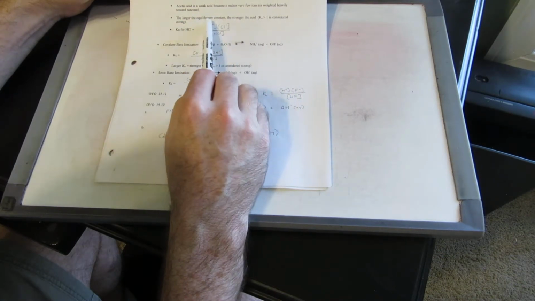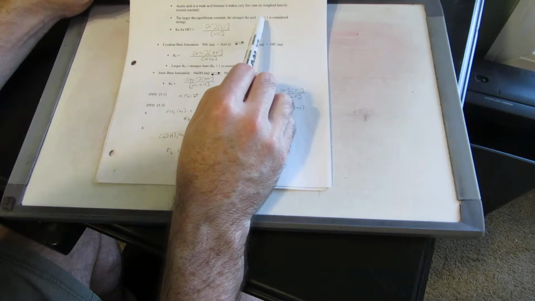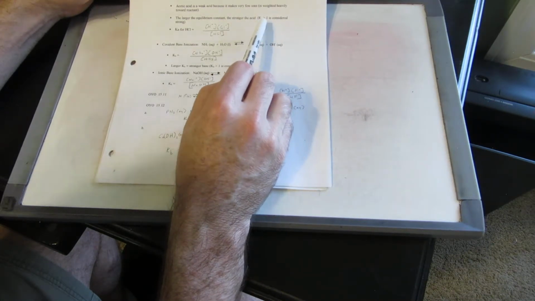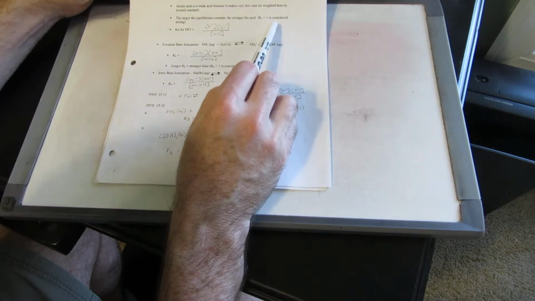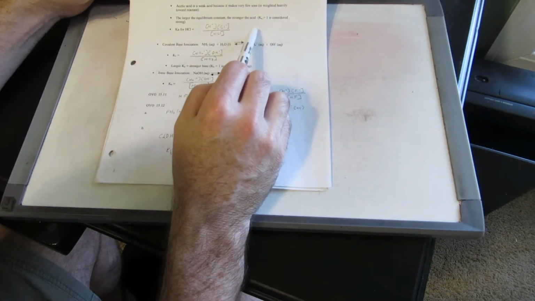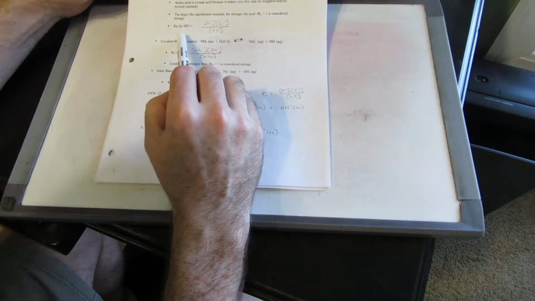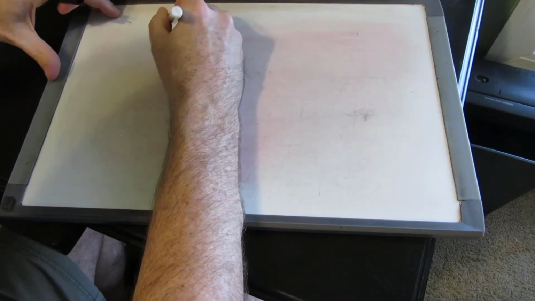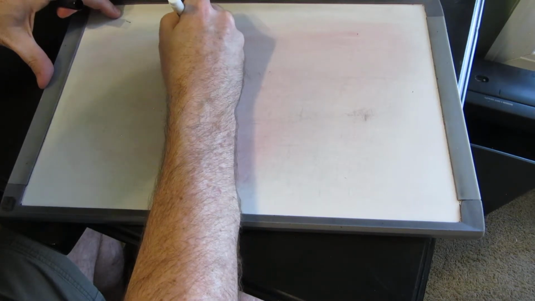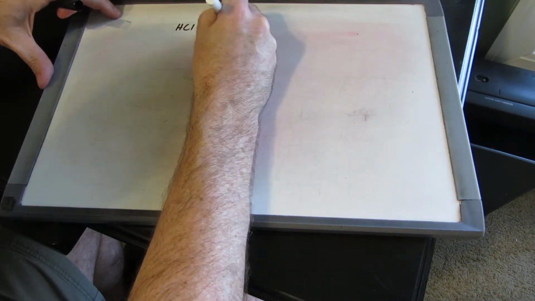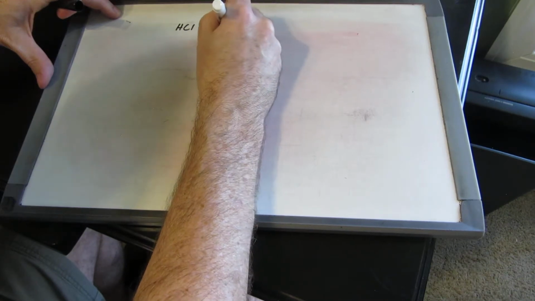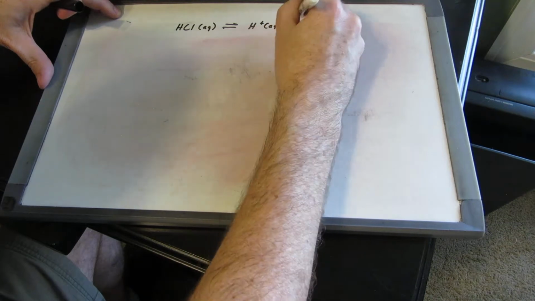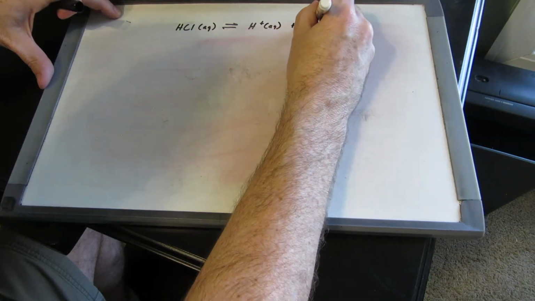The larger the equilibrium constant, the stronger the acid. So if you have a K sub A, that's just the equilibrium constant for an acid, of greater than 1, that's considered strong. All right, so K of A for HCl. We have HCl, aqueous, splits into H plus and Cl minus.